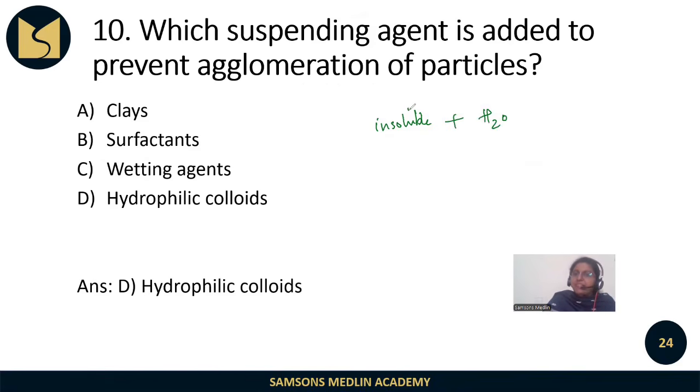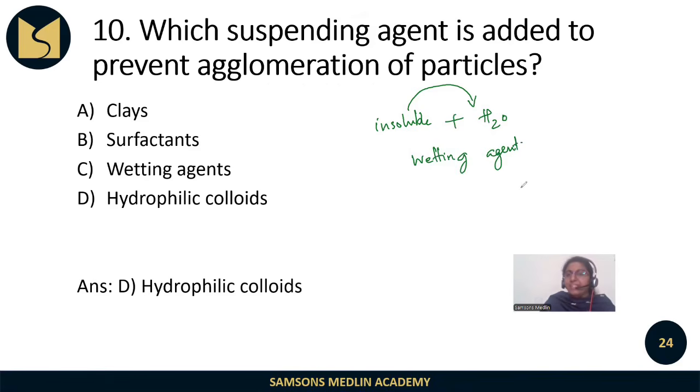If we suddenly add these insoluble particles into water, there will be a repulsion between the particle and the water. They are not matching, right? Because one is an insoluble particle and the other is an aqueous medium. They cannot remain attached. So in order to enhance the attachment between the insoluble drug particle and the water, we will first add the wetting agent.